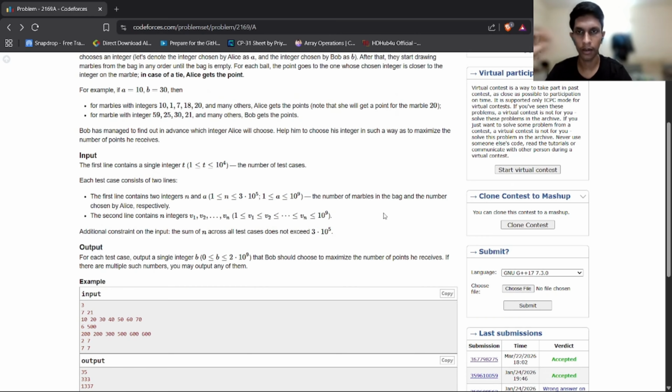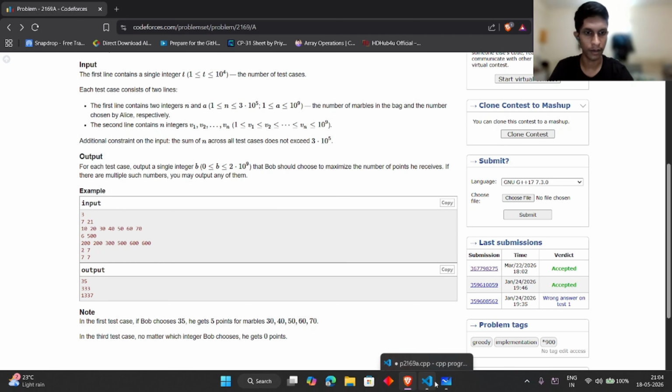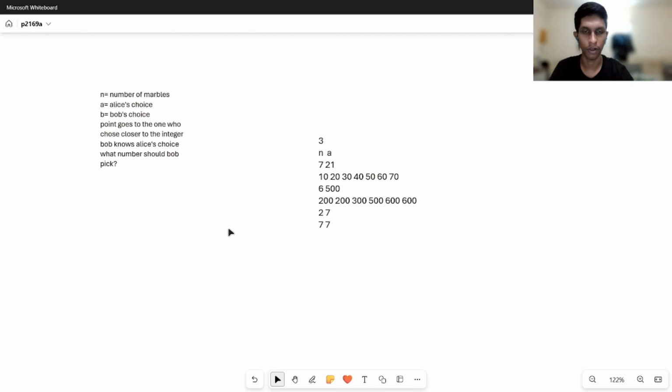It means in all the cases Bob should win. We have to choose that number. It is not constant. What number should we pick for Bob? So in the first case, let's analyze what number we should pick so that Bob can get the maximum points.